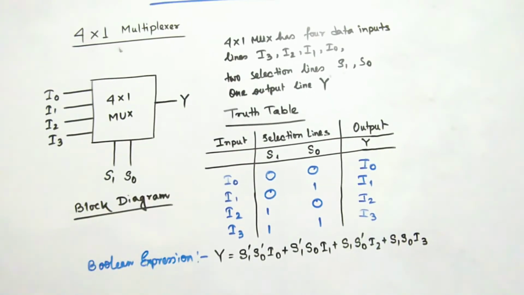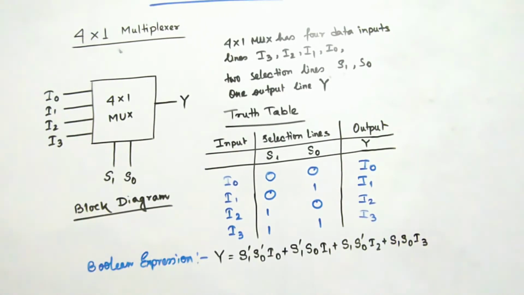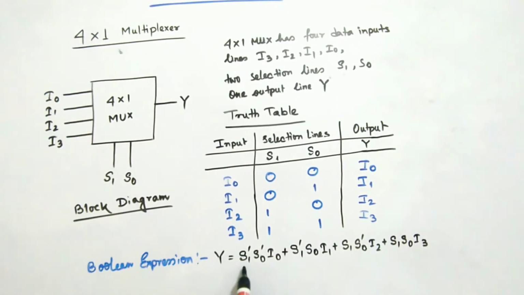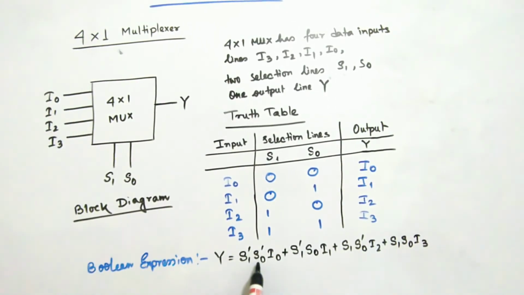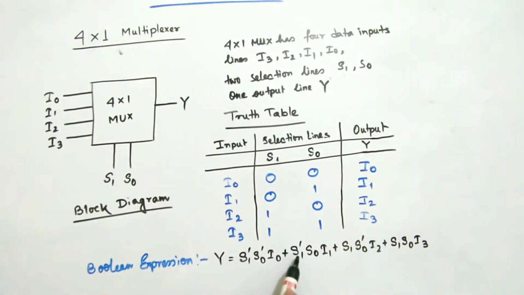From the above truth table we can directly write the Boolean expression for the output of multiplexer. So Y equals S1 complement S0 complement I0 plus S1 complement S0 I1 plus S1 S0 complement I2 plus S1 S0 I3.